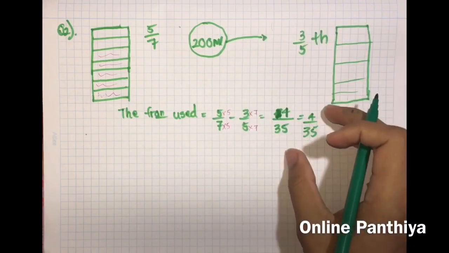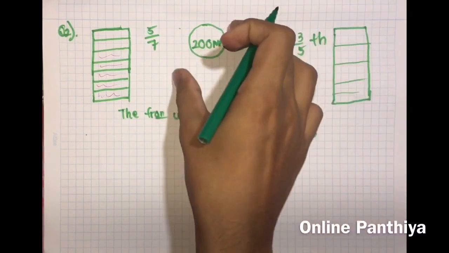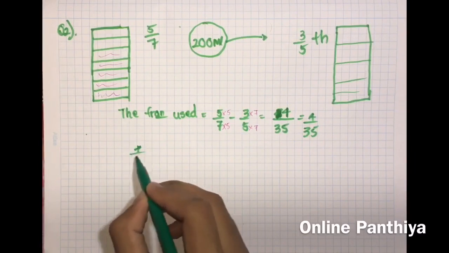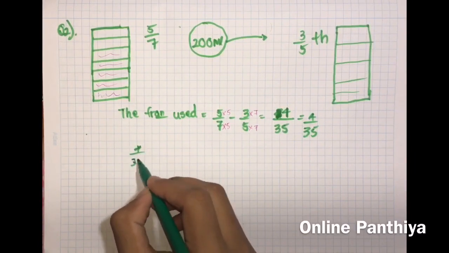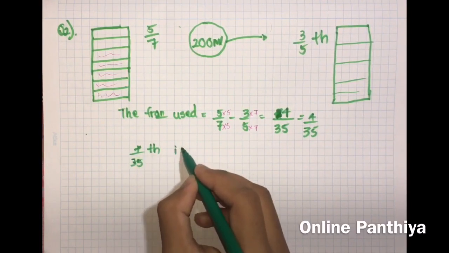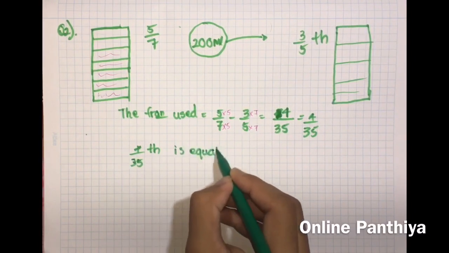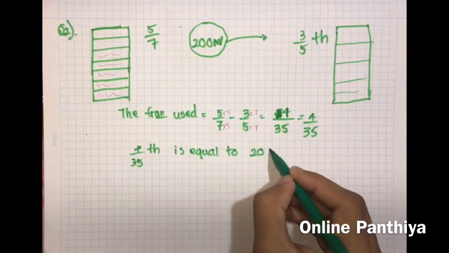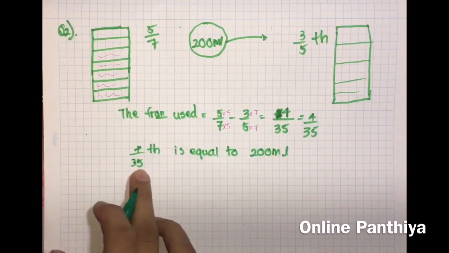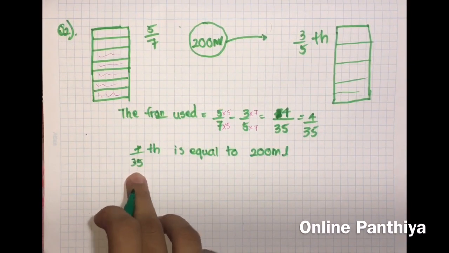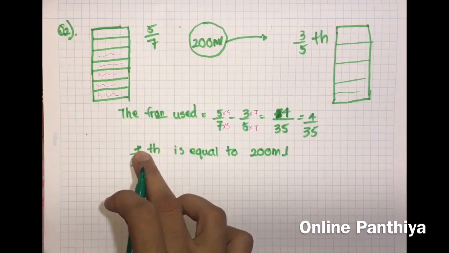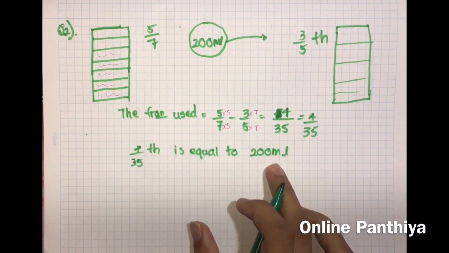Now this fraction is also equal to how much? 200 millimeters. Okay, now you can say the amount 4 over 35 is equal to 200 millimeters. That means if you divide the whole tank into 35 equal portions, 4 portions are equal to 200 millimeters.